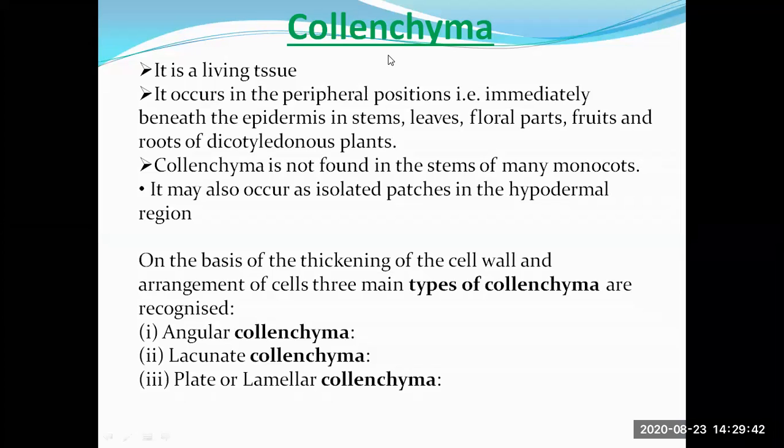So now the first one is collenchyma. Collenchyma is a living tissue. Here all the cells are more or less elongated living cells with thick primary non-lignified walls.